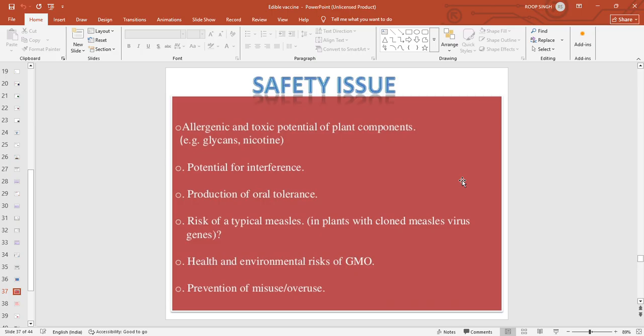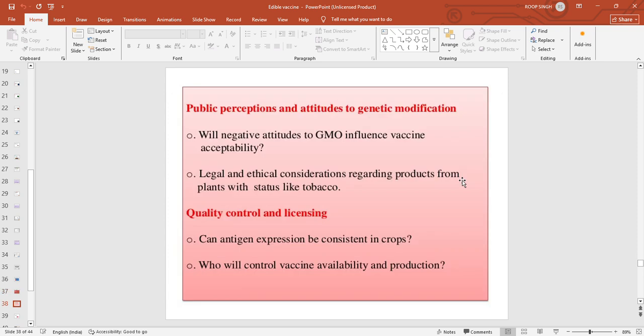health and environmental risk of GMO, like other transgenic plants, or other issues will be the over or misuse of these edible vaccines. And most important is public perception, how people take these transgenic plants as edible vaccines.